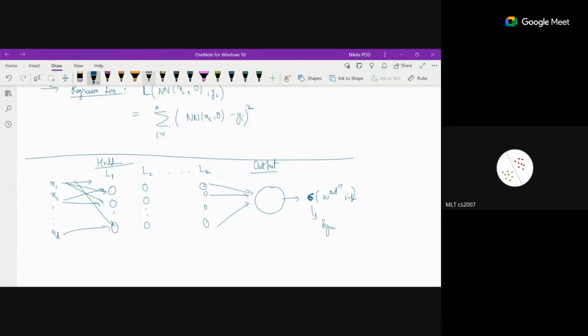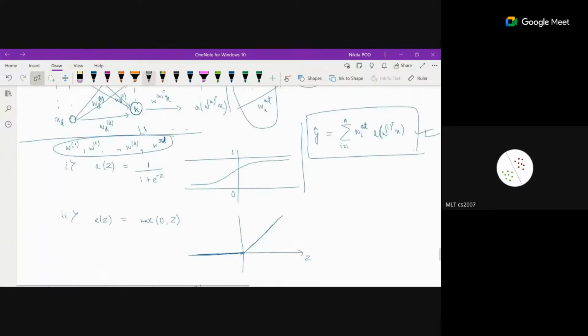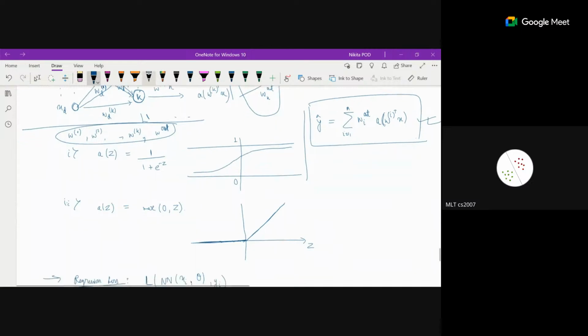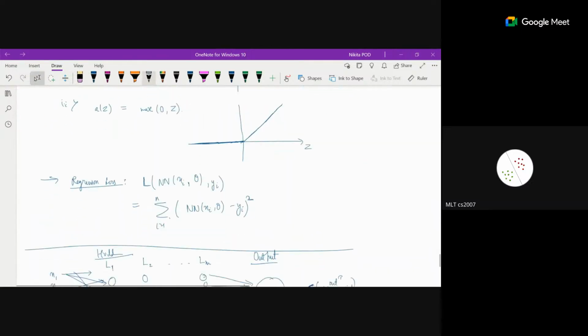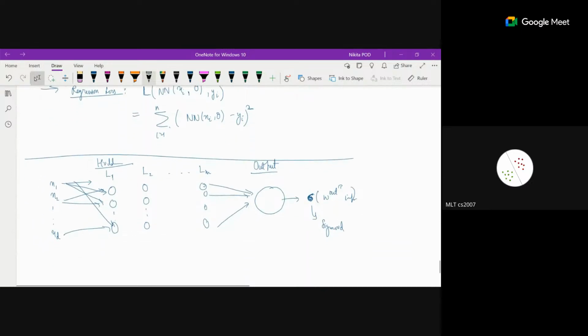And this sigma is basically the sigmoid function that we had seen, 1 divided by 1 plus e to the power minus z. To work with this classification loss, we can use something called the cross entropy loss.